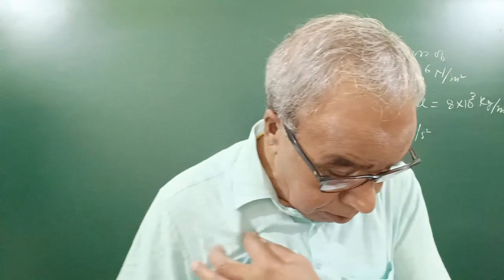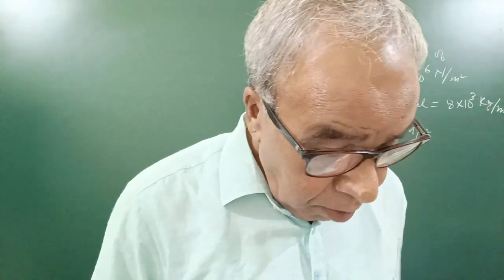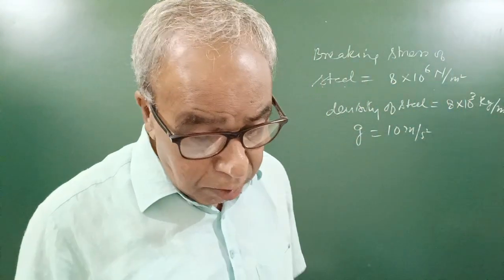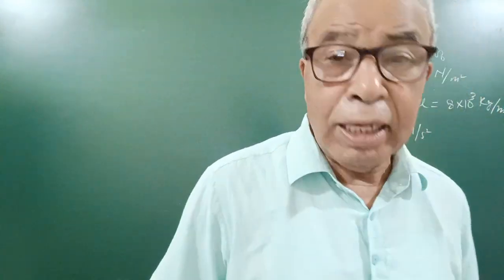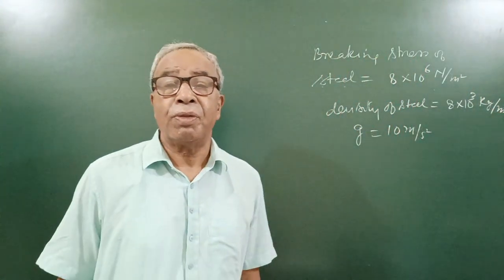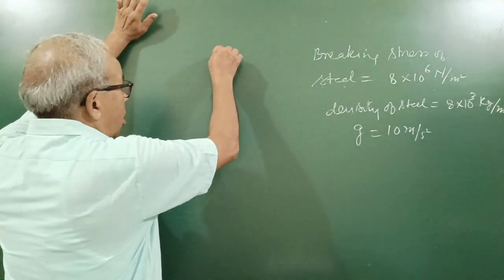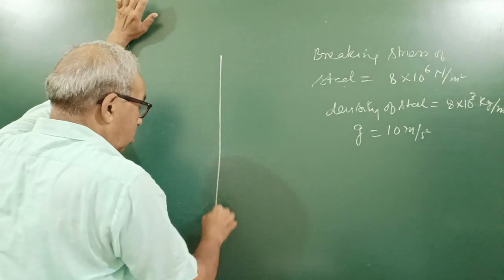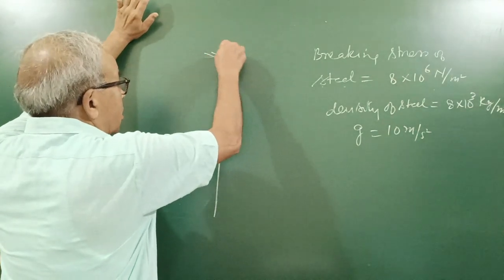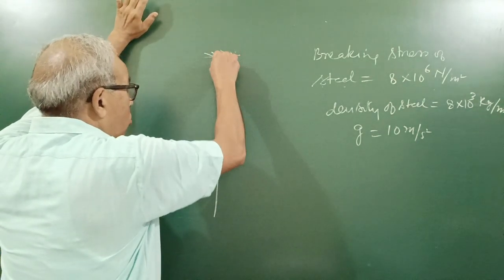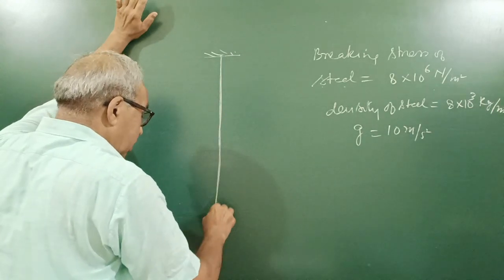You are asked here, find the greatest length of steel wire that can hang vertically without breaking. So you are asked how much a wire of certain length can hang without breaking under its own weight.